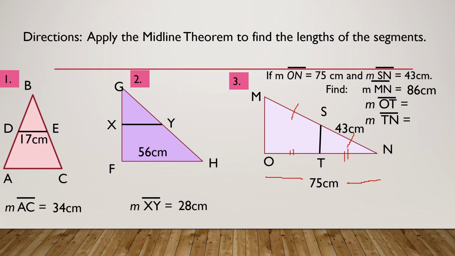So what are you going to do? 75, divide that by 2, and that is equal to 37.5, the measure of segment OT. Now, what is the measure of segment TN? Of course, that is equal to 37.5 centimeters also.